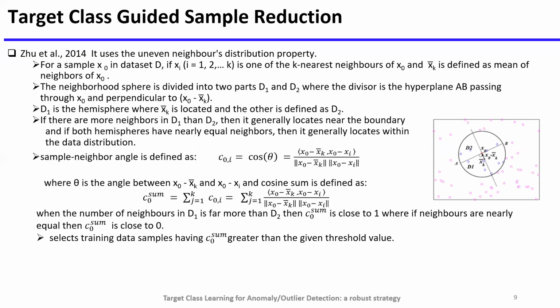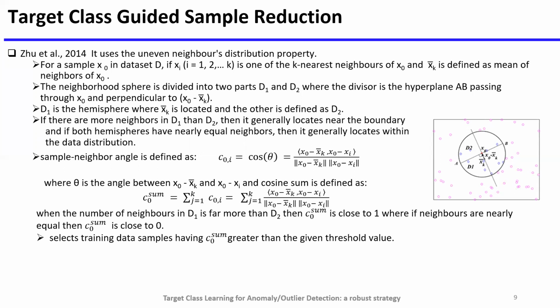This is the third well-known technique, proposed by Zhu, and it uses the same concept of neighbor distribution. Let us say the sample x0 is in the data set T, and there are k neighbors of x0, and xk bar is defined as the mean of all k neighbors of x0.